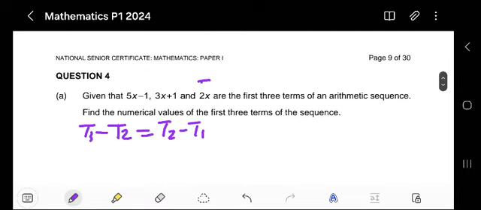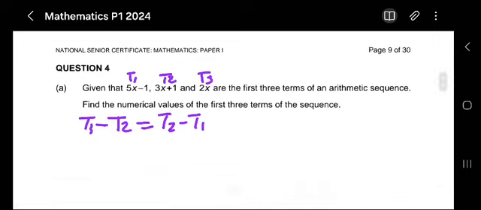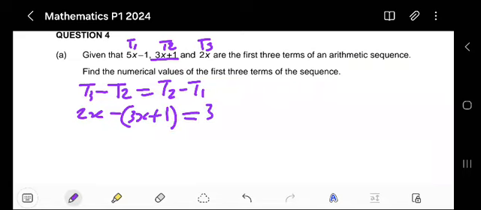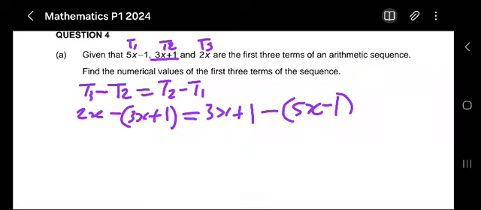This is T3, this is T2, T1. So T3 is 2x minus. Remember, these are 2 terms. If you have 2 terms, you put your bracket or parentheses, x plus 1 like this. Then T2 again is 3x plus 1 minus, but you put your stuff there. This is what we have.